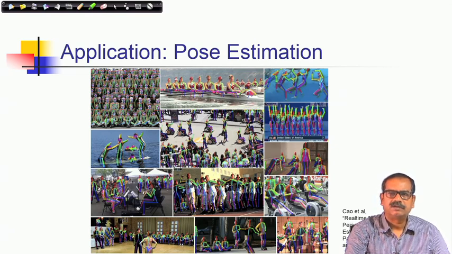Those represent our human skeleton. Depending upon the image of a person, we try to guess what kind of skeleton configuration could provide that stance or pose of the person.